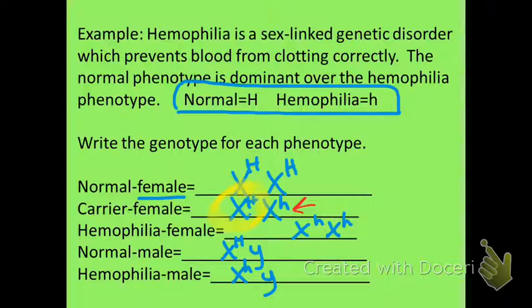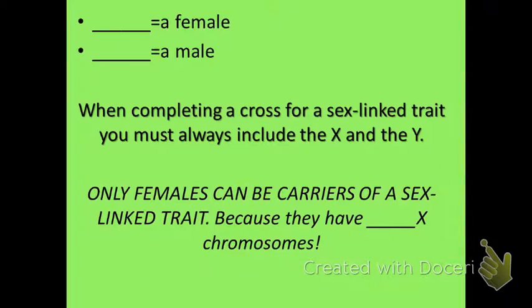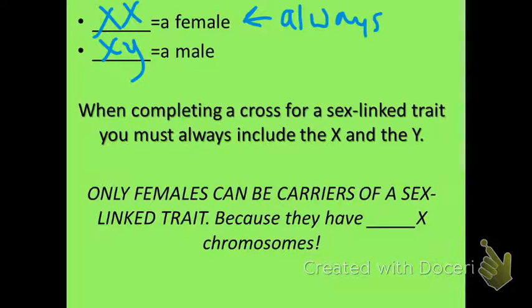Now keep in mind, let's talk about where that X is coming from. We talked on the previous slide that XX is female and XY is male. So if you think about it, the mom always gives an X, because that's all she has to give.